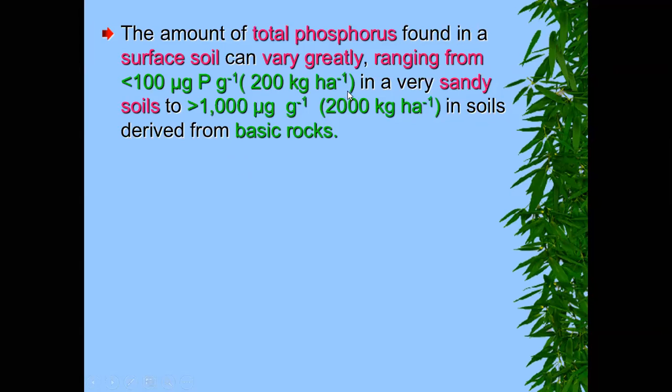So in a very sandy soil, the phosphorus can be present up to 200 kg per hectare, and in a soil which is derived from basic rocks, it is generally present up to 2000 kg per hectare.